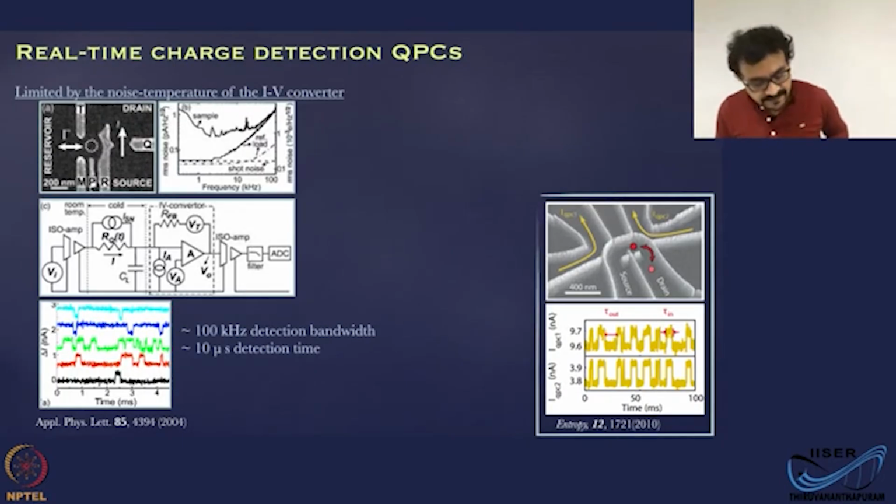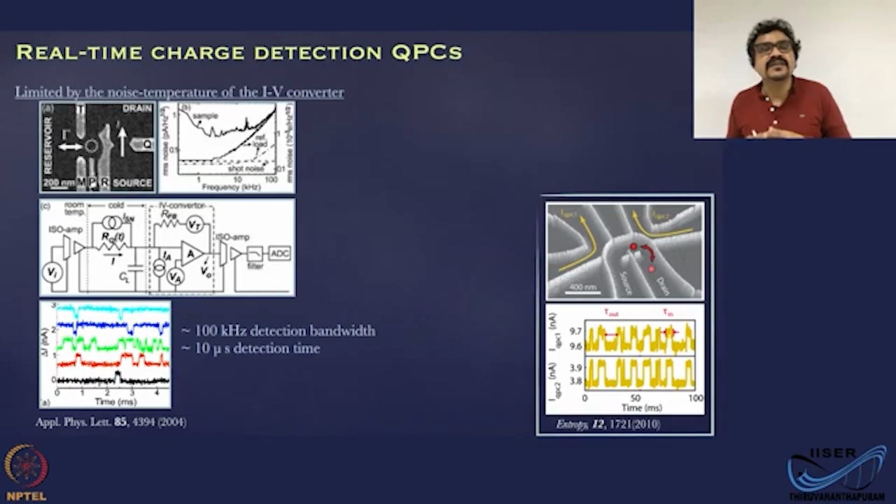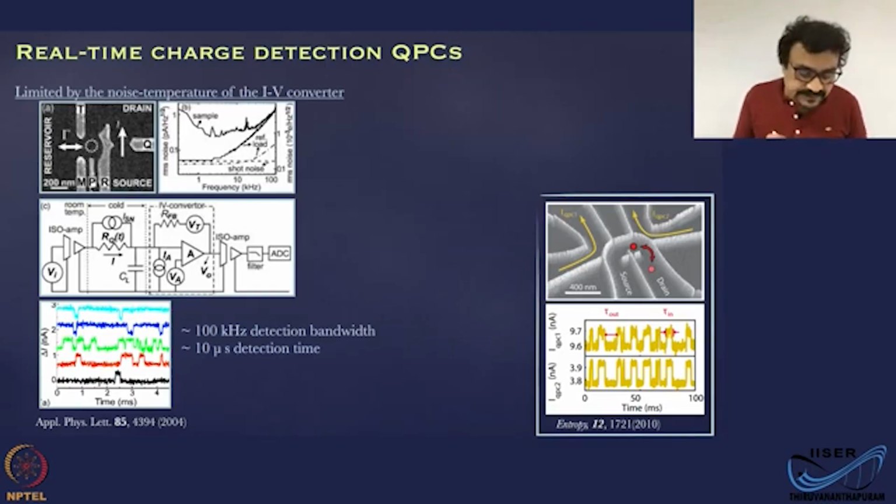One of the first attempts to detect the real-time dynamics of electrons in confined systems such as quantum dots happened in the early 2000s, where you have a quantum point contact and there is a quantum dot here.